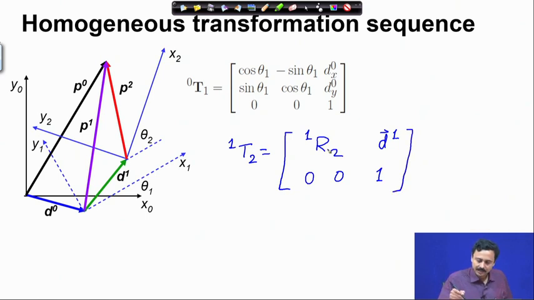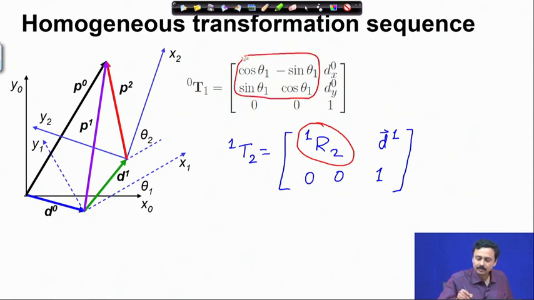You can very easily check that R 2 to 1 is given by this matrix and the vector, this should be 1.